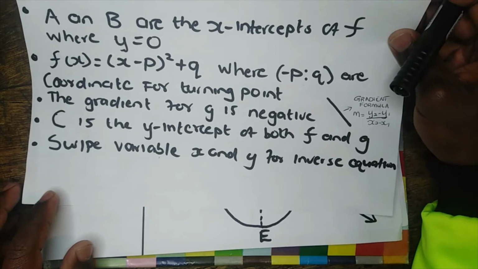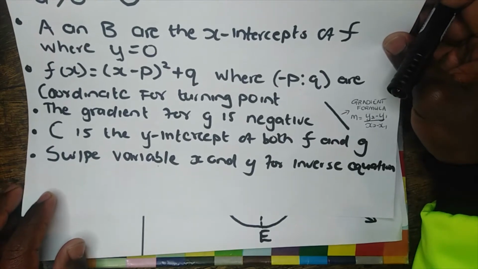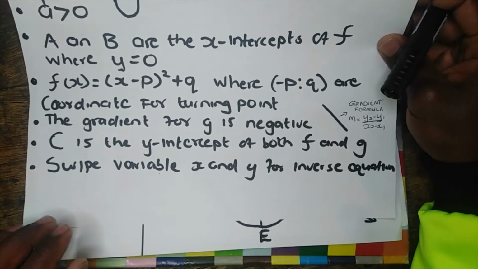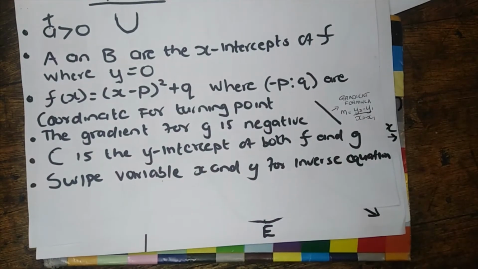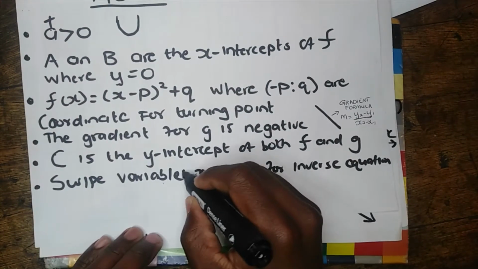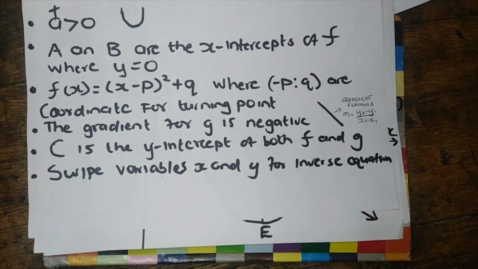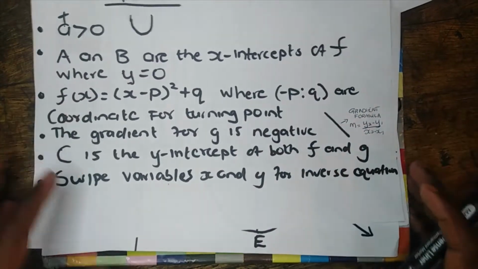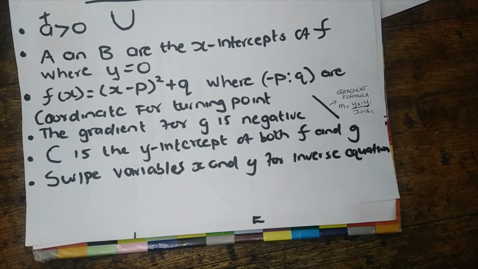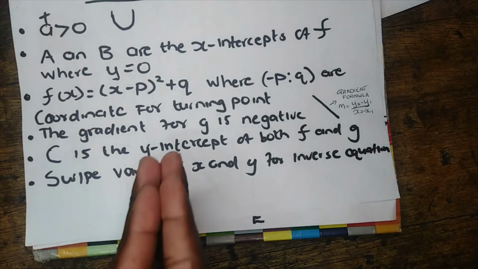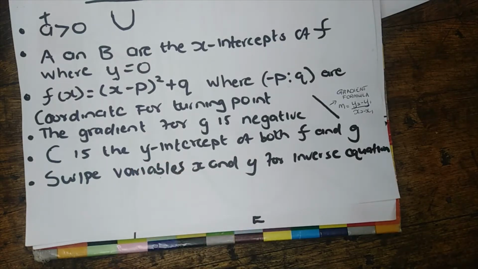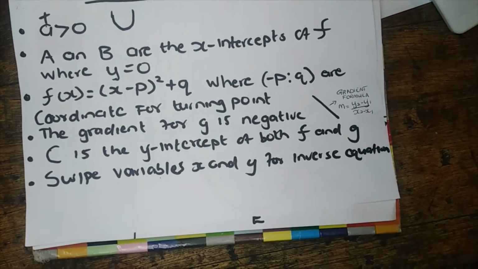Then for our inverse equation, you have to swap the variables x and y. Let's note that, guys. If you know all this well, you won't have a problem solving the questions we are about to start, question 1 up until number 6.